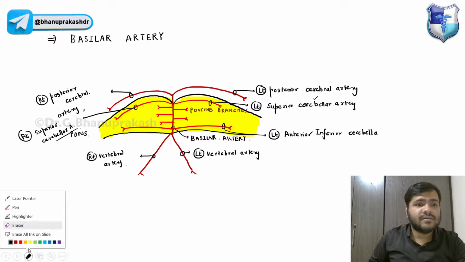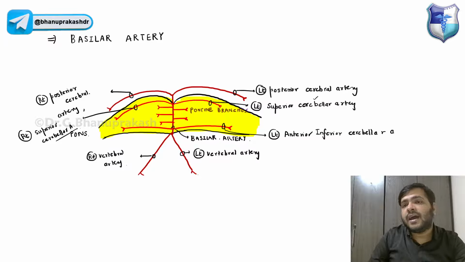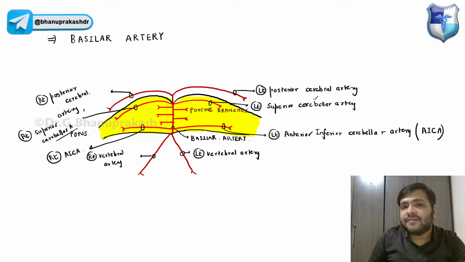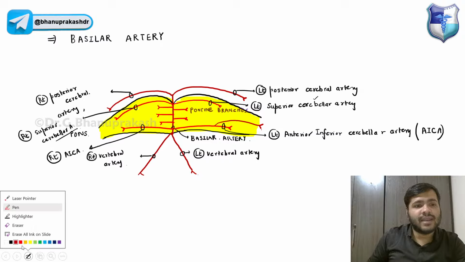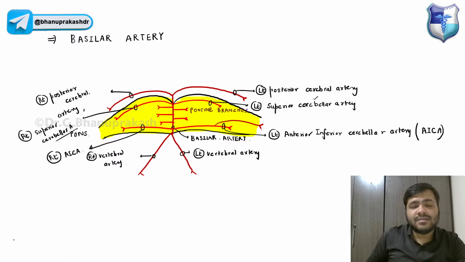Right? Cerebellar artery. And remember guys, we can also write it down. From the anterior inferior cerebellar artery, a branch will come which will supply the labyrinth. This branch is called, please remember, the left labyrinthine artery.